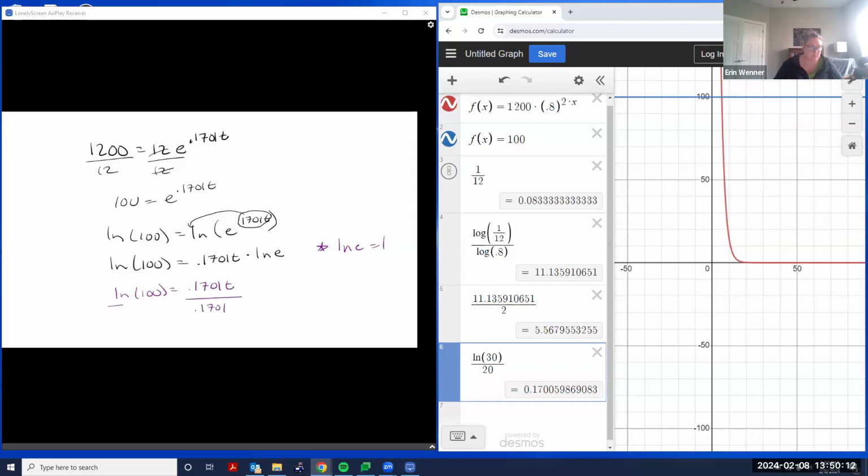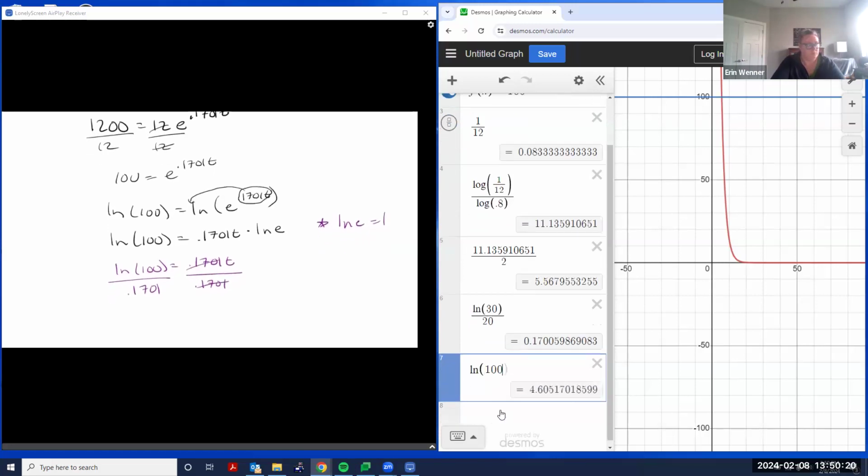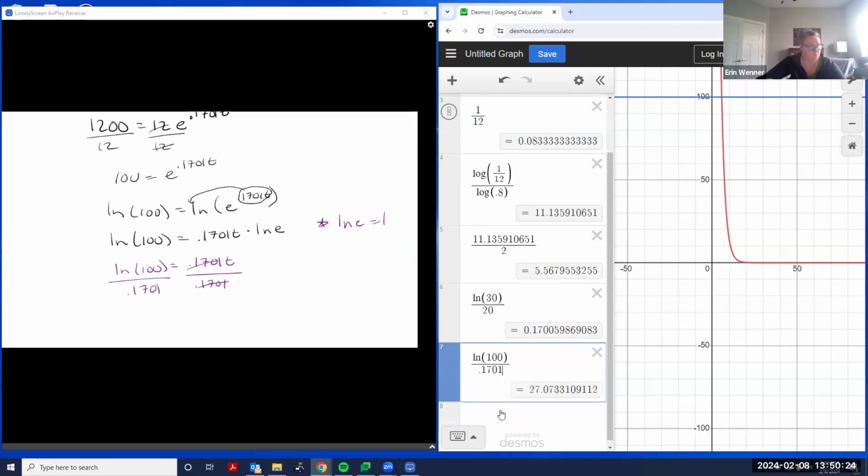And then finally, when we plug that in, the natural log of 100 divided by 0.1701, we get that t is equal to 27.073 minutes.